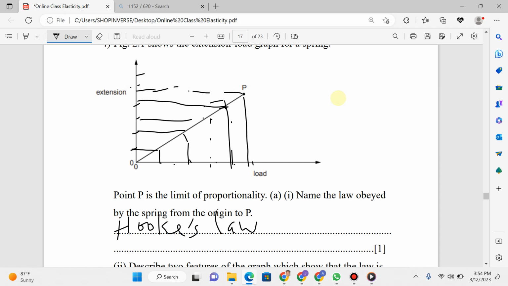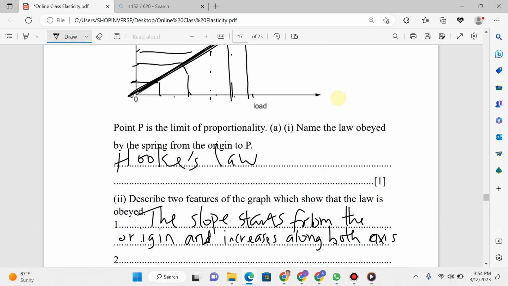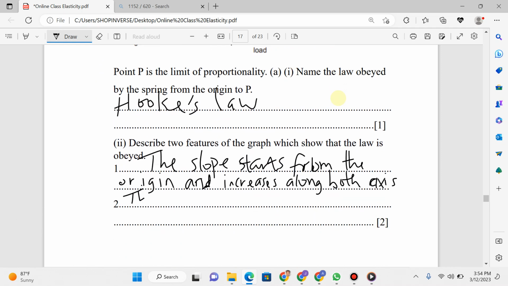Then the second thing is that the slope is a straight line graph, a perfectly straight line. That shows that Hooke's law is still being obeyed. So you say the slope is a straight line.